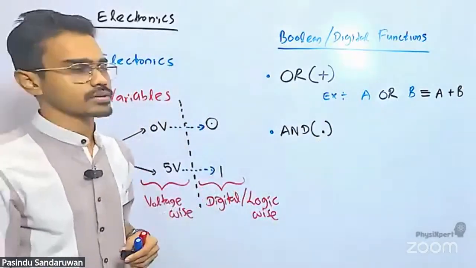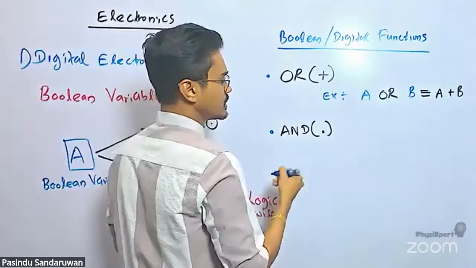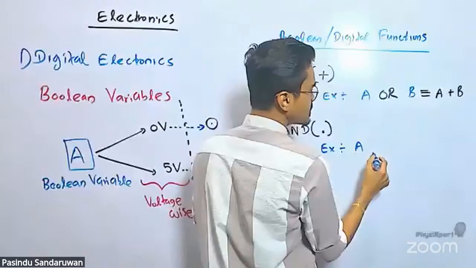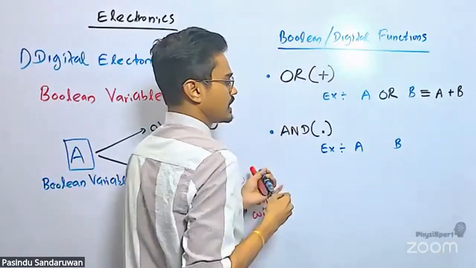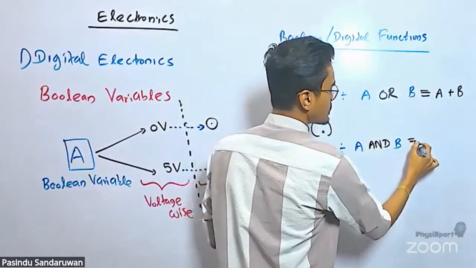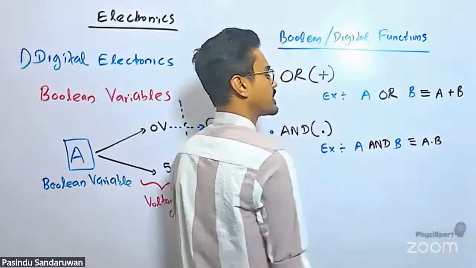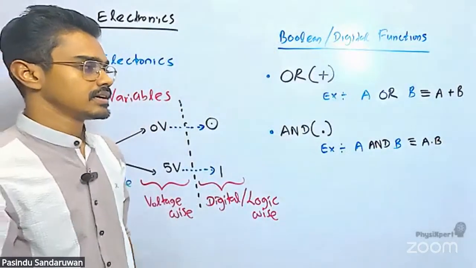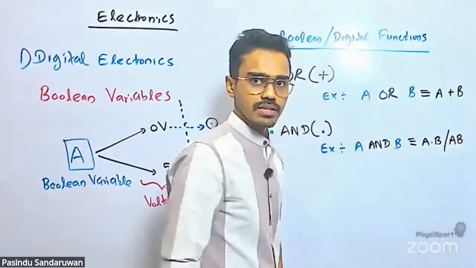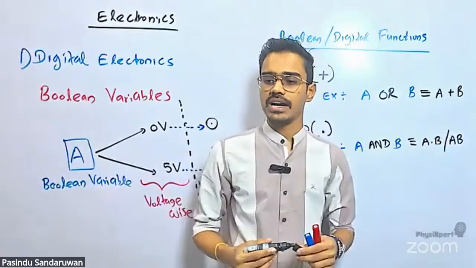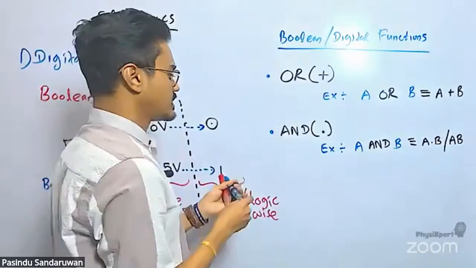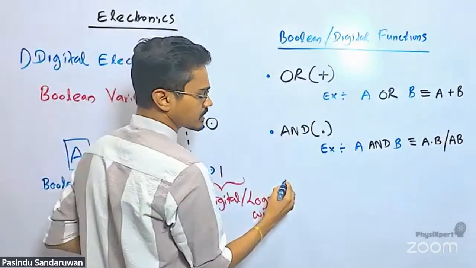As an example, if I use the AND function to write two variables, say I need to write A and B. This can be written as A dot B. Sometimes without writing the dot, this is also written as AB, because if there's nothing in between, that is a dot.